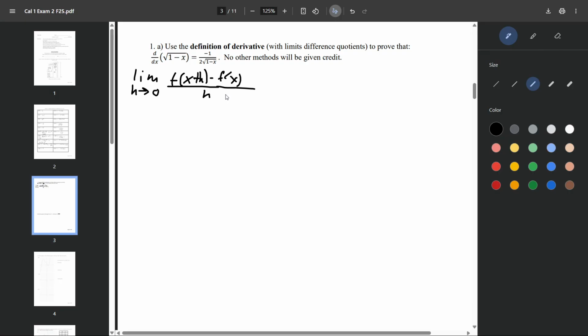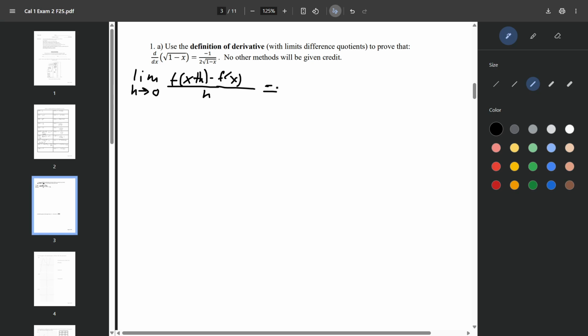So with that, we need to find our derivative. f of x is going to be root 1 minus x.